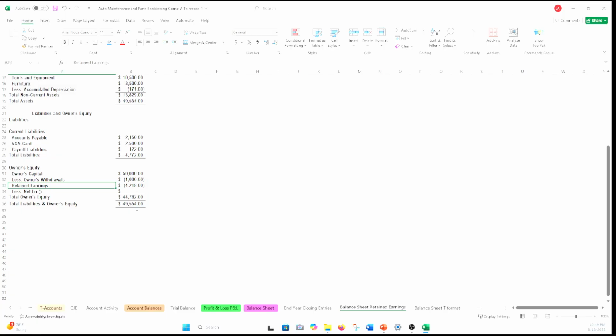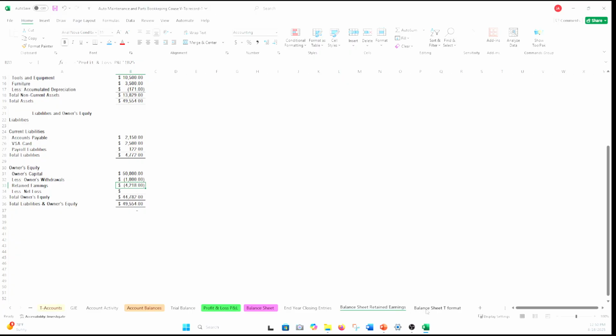Since it's January 1st, 8 a.m., with no activities, your profit or loss is going to be 0. As we move forward, if you have profit, this is going to be positive and reflect the profit for each month or period. But retained earnings is going to accumulate anything that happened after you close every single year, based on the accounting period, which is the calendar year.